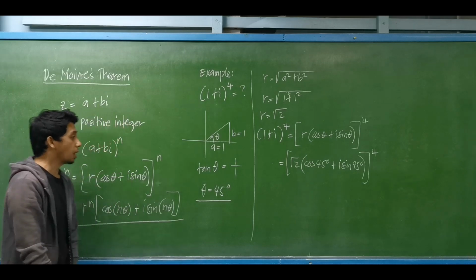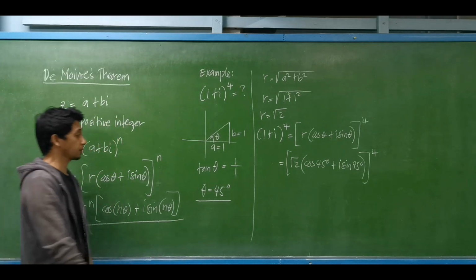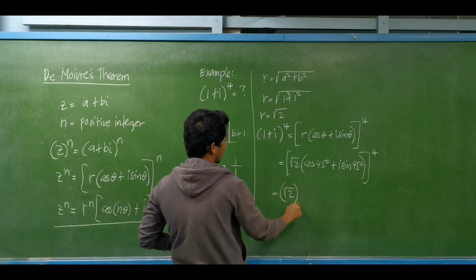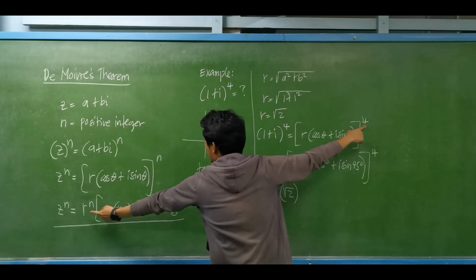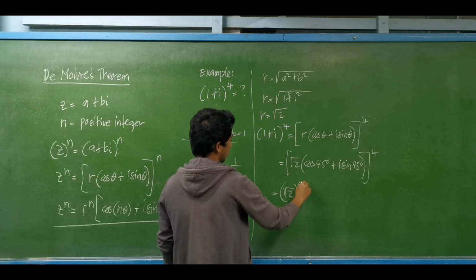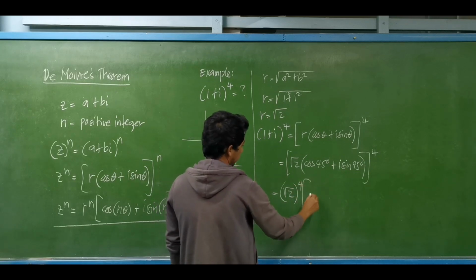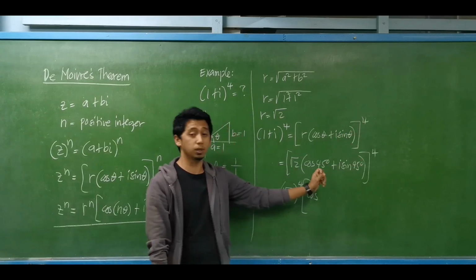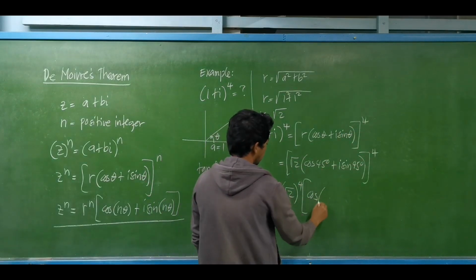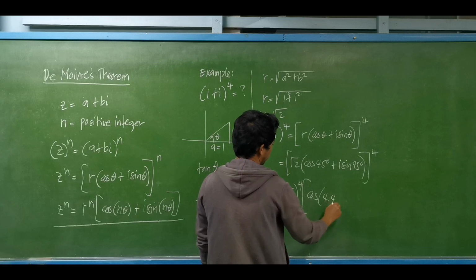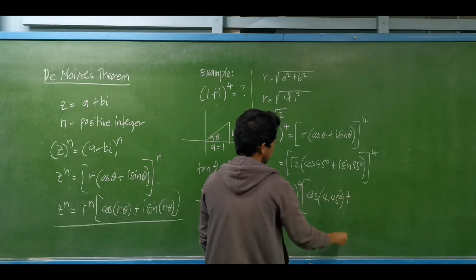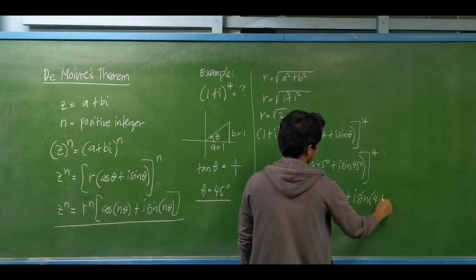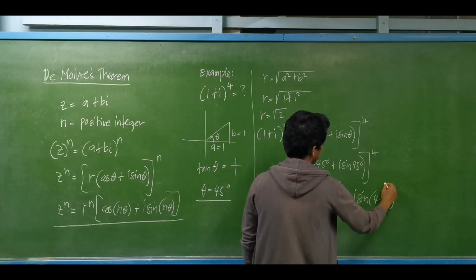Applying De Moivre's theorem, we have the square root of 2 raised to n, so we raise this to 4, multiplied by the quantity cosine, where we multiply this exponent to the angle. This is now cosine of 4 multiplied by 45 degrees plus i sine of 4 multiplied by 45 degrees.